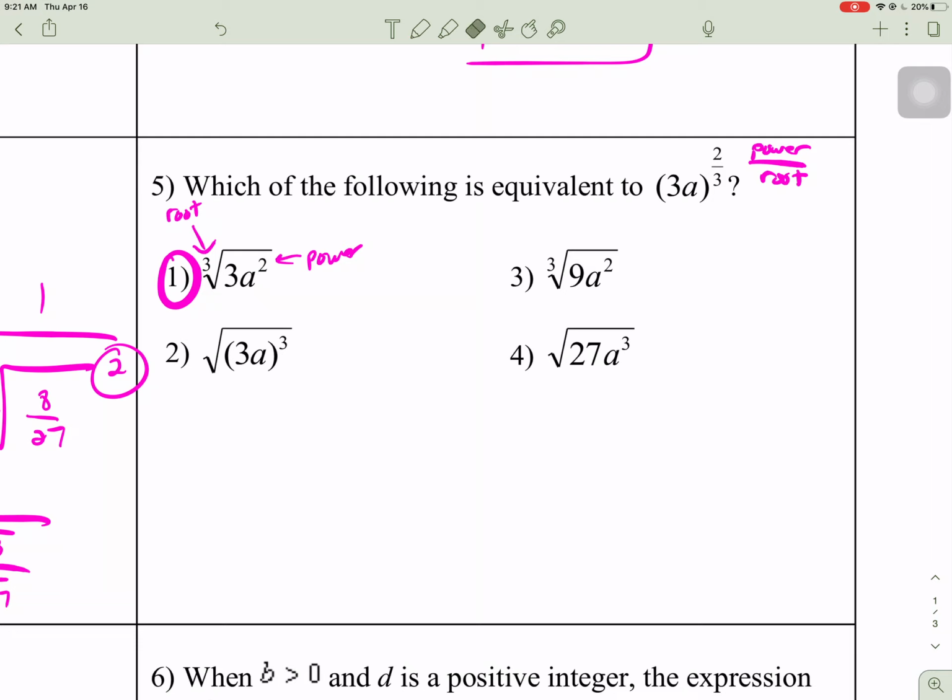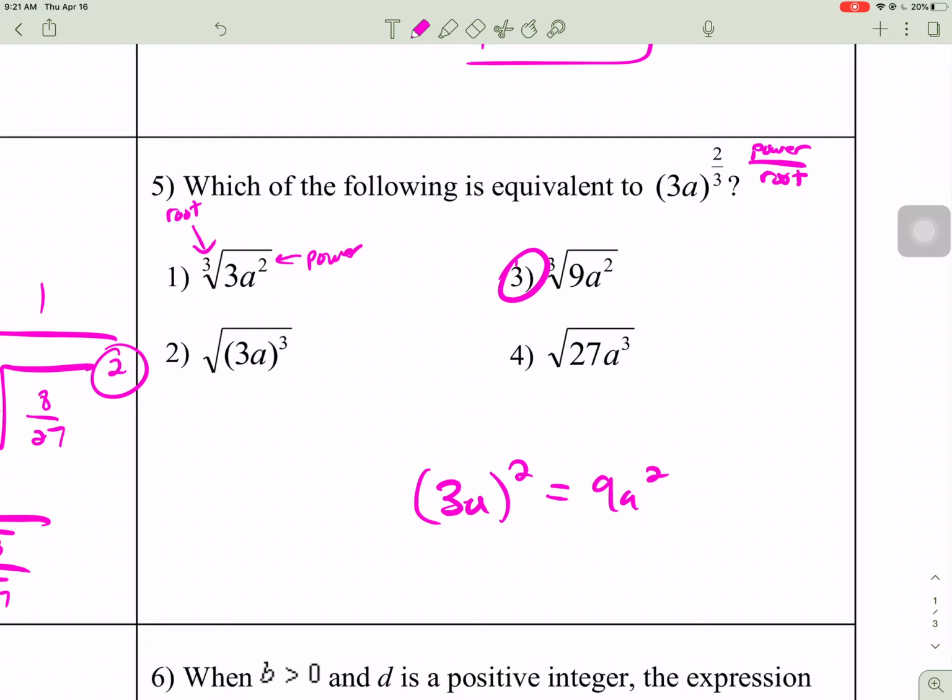Oh, actually, there's a mistake there. That's not the answer, because 3a is being squared. This is just saying a is squared. So the answer is actually, what is 3a squared? Well, it's 9a squared, so it's this choice. Sorry about that.